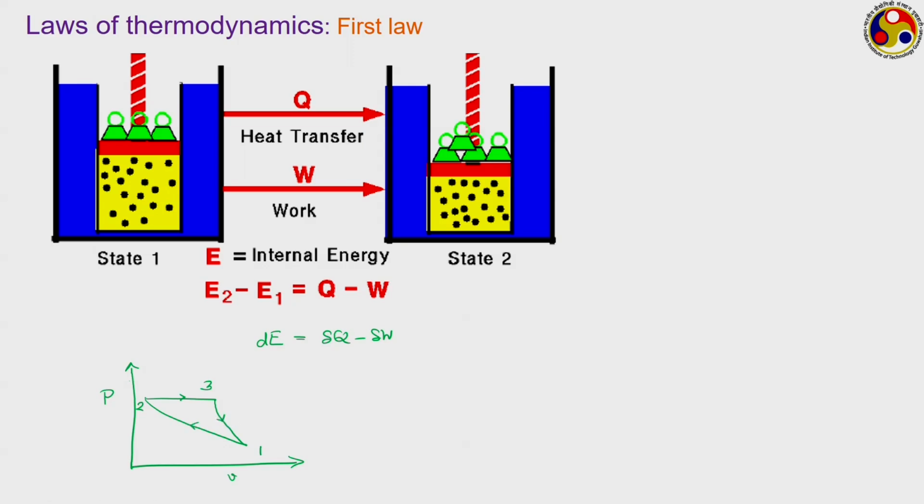Now, if we want to apply the first law of thermodynamics on this particular cycle, then integrating this relation over each of the processes, during process 1 to 2 we can write E2 minus E1 is equal to Q12 minus W12, where Q12 refers to the amount of heat transfer to the system during process 1 to 2, and W12 refers to the amount of work done by the system during this process.